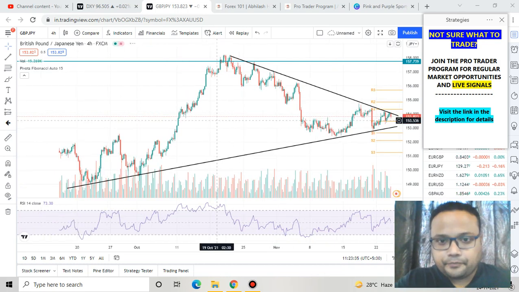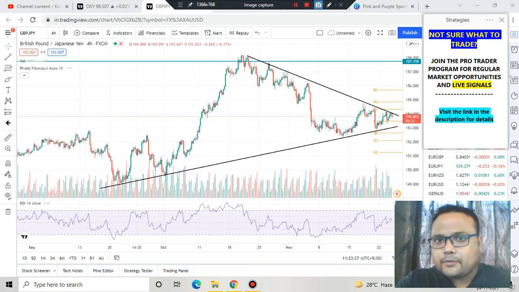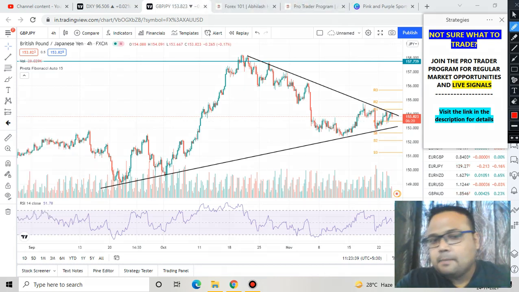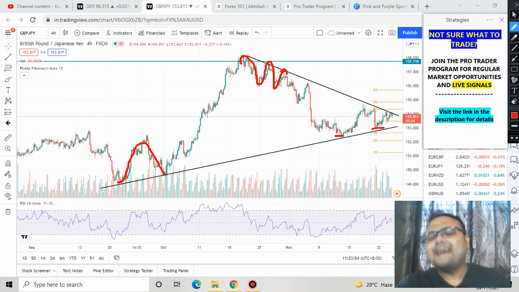In a symmetrical triangle pattern, generally we see the market forming higher lows, as well as when the market is going up, you can see that the market is unable to cross the previous high, and the market is constantly forming higher lows and lower highs. So sorry, I always get confused with higher lows and lower highs.